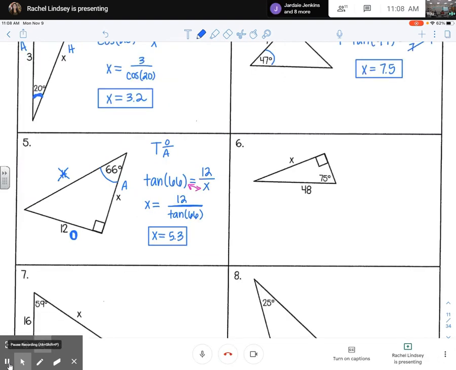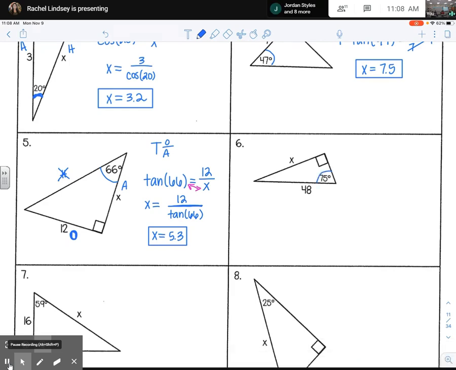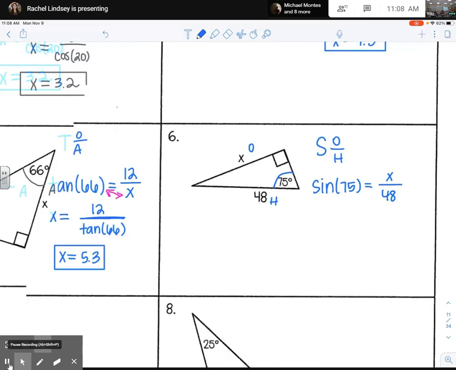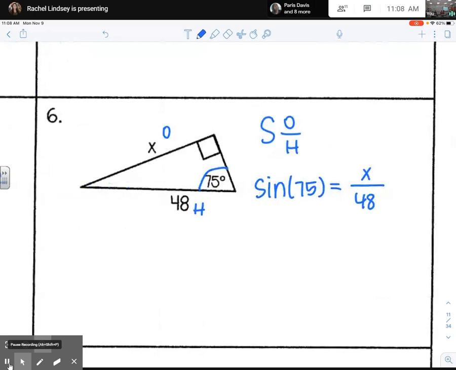Next one, we'll have angle 75. We've got our hypotenuse is 48, our opposite is X. So I'll have sine of 75 equals opposite X over hypotenuse 48. To solve, we'll multiply both sides by 48.